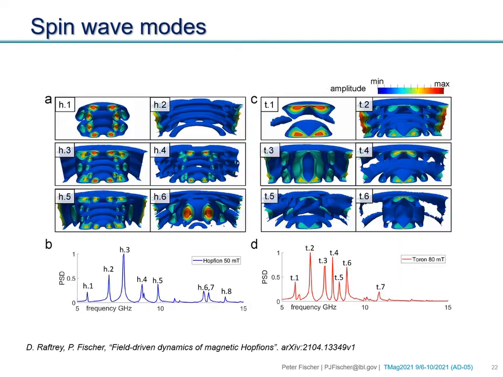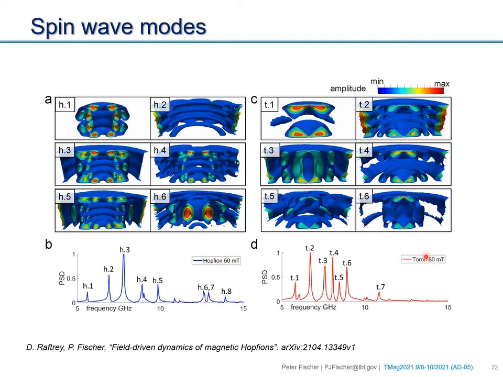We also plotted these different resonance frequencies and how they would look in a graphical interpretation. As you can see here, this is the amplitude, blue is the minimum, red is the maximum, and they correspond to this one at 50 millitesla in the Hopfion state, and this one at 80 millitesla in the Toron state.